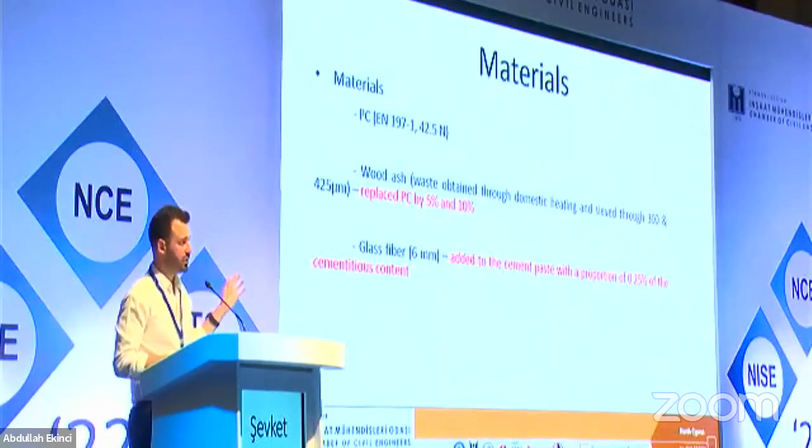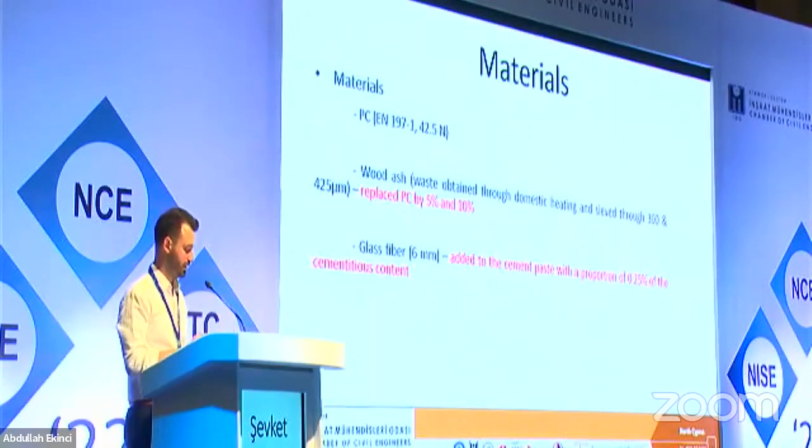PC was replaced by 5 and 10%. That is basically based on the existing literature, which mostly thinks that 5% would be the ideal content. I also used 5 and 10% in concrete production, so at least I can have a comparison with my previous research.